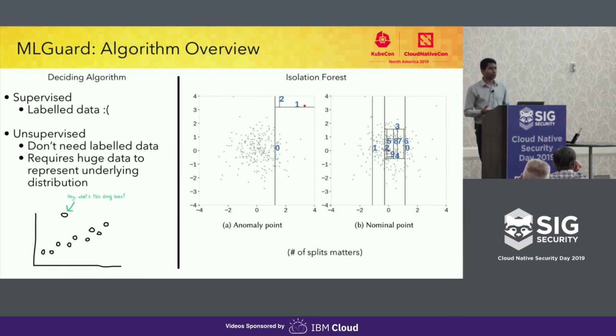It becomes an outlier detection problem, right? Find the needle in the haystack. So we use the isolation forest algorithm. It's an outlier detection algorithm whose job is to find anomalous points from a given distribution by creating an ensemble of binary trees.